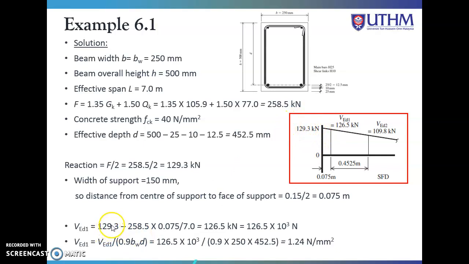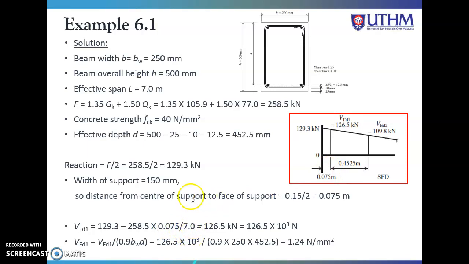So VED minus width. Okay, this is coming from the load. Okay, load, point load times with the area, the distance from center of the support to the face of the support. Okay, divide by 7.